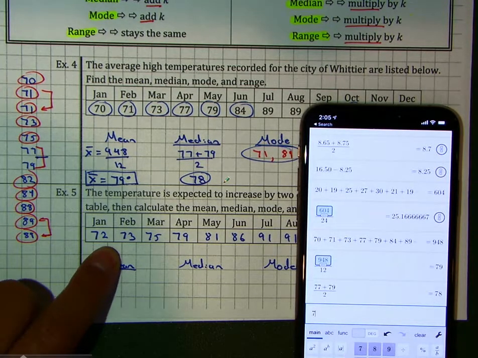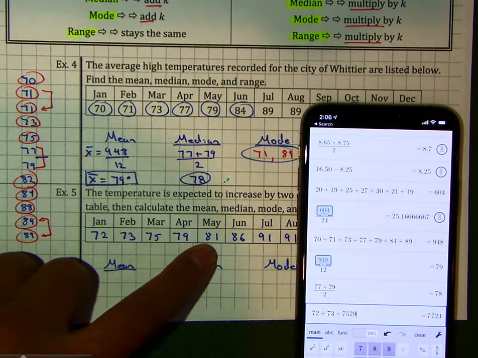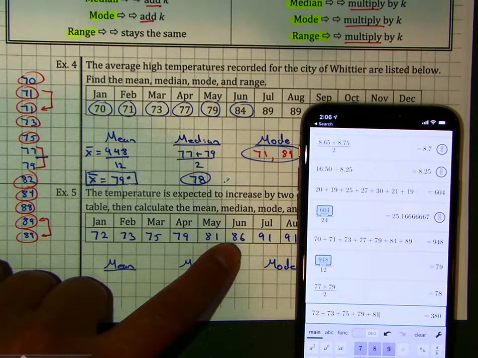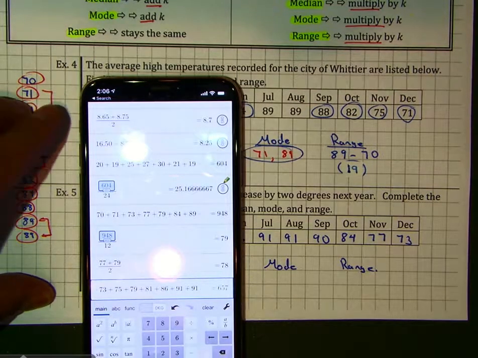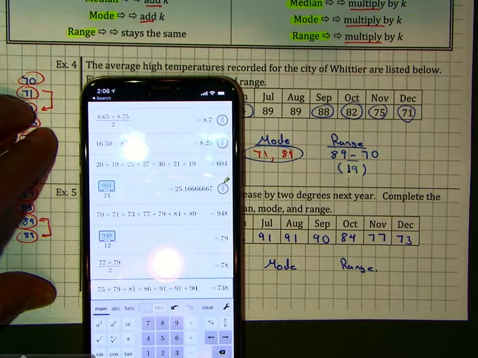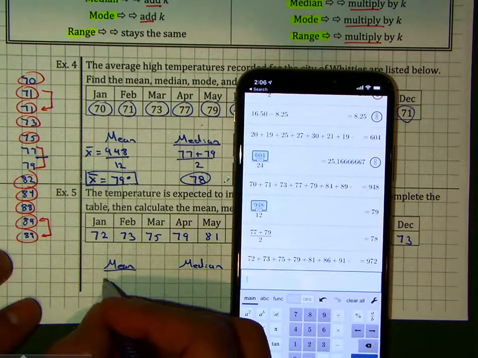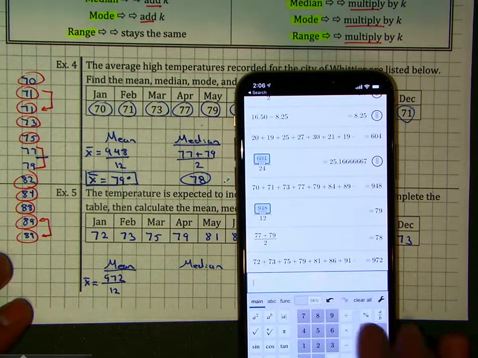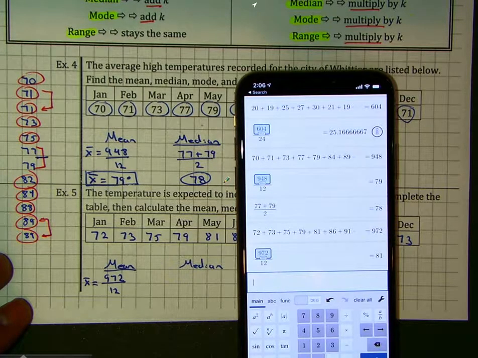Let's try together. 72 plus 73 plus 75 plus 79 plus 81 plus 86 plus 91 plus 91 plus 90 plus 84 plus 77 plus 73, which will be 972, and I'm going to divide it by 12. My answer divided by 12 is 81.